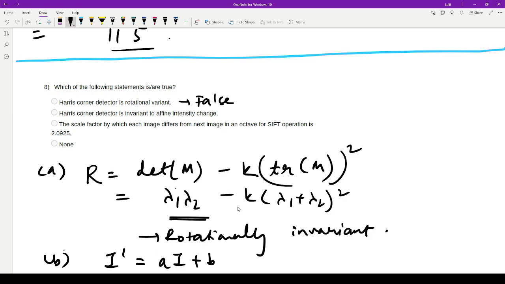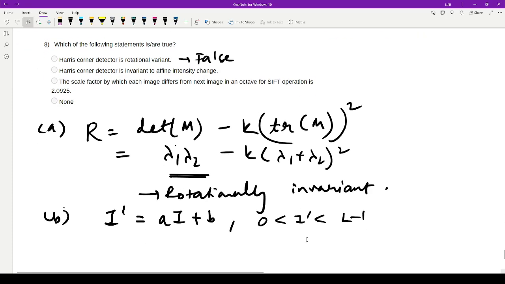Now A and B should be within some scale such that I prime also lies between 0 and L minus 1, where L is the number of intensity levels. If this is ensured, then these are valid affine transformations.